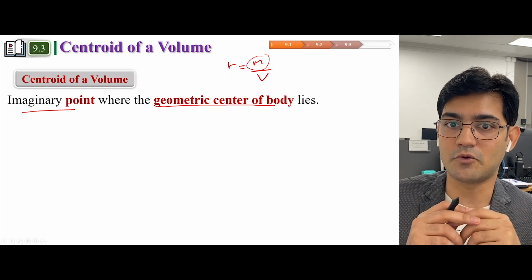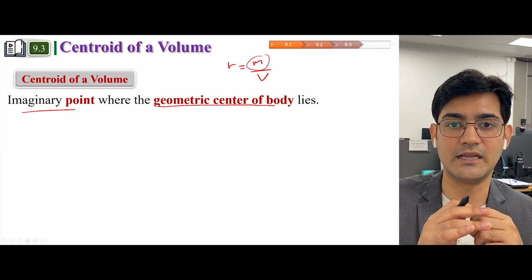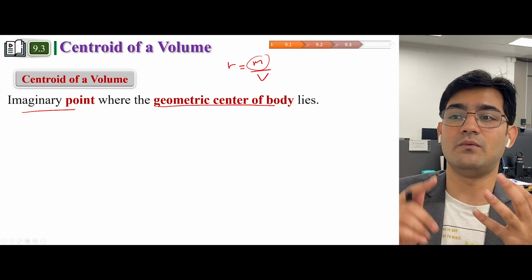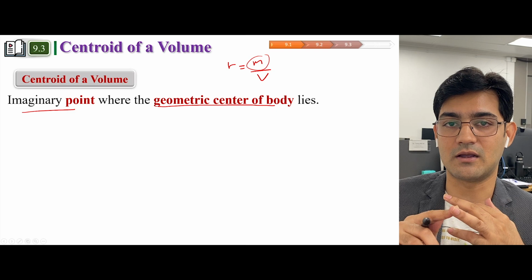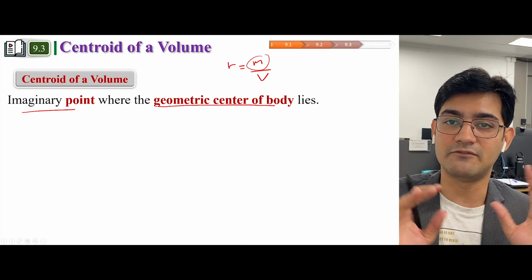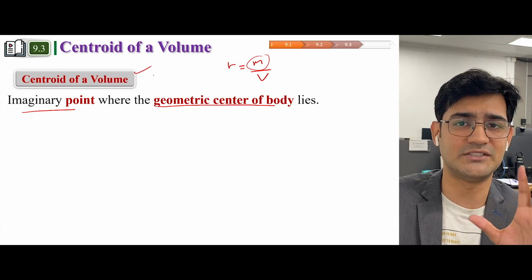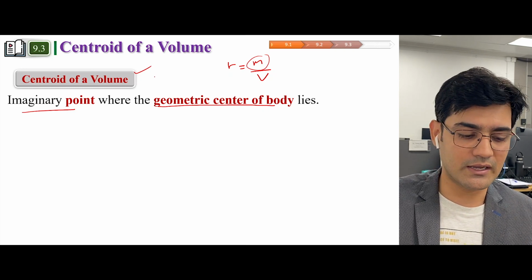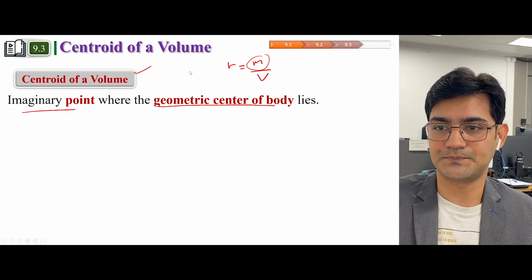This is a very important property in engineering mechanics, and it's used widely in so many applications, because now we don't need to know the gravitational field, we don't need to know what the material is composed of, as long as it's the same material and the gravitational field is constant. We can make use of this centroid of a volume, which is also much easier to calculate as compared to the other two properties, and we can use it in our engineering mechanics applications.